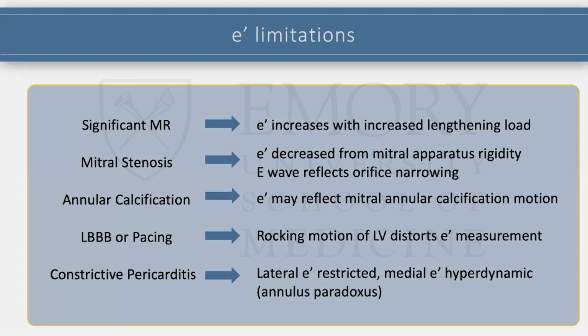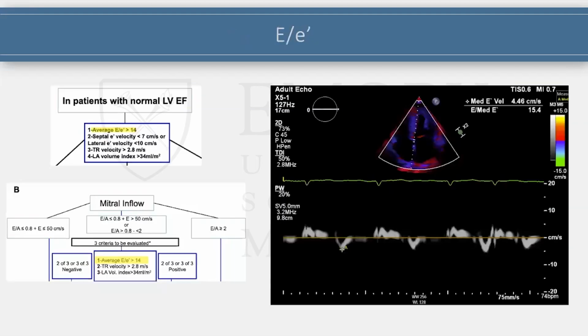Probably something that comes up in some of our lectures, where your lateral E prime is restricted because that area is tethered to the diseased pericardium, and then the medial E prime is hyperdynamic, compensatory to that. We call that annulus paradoxus, and it creates unreliable measurements in terms of measuring diastology. Okay, so then we get to E to E prime.